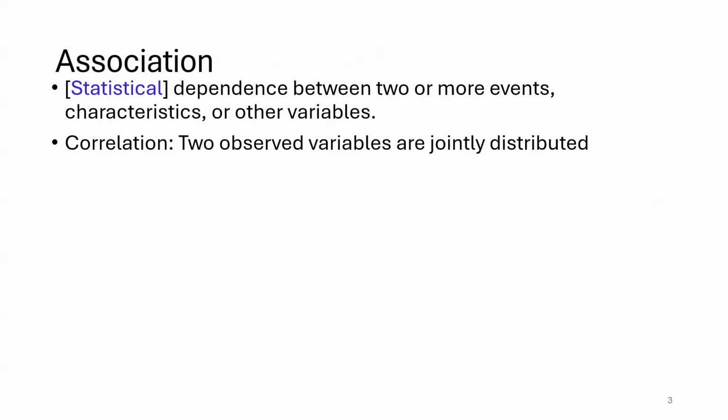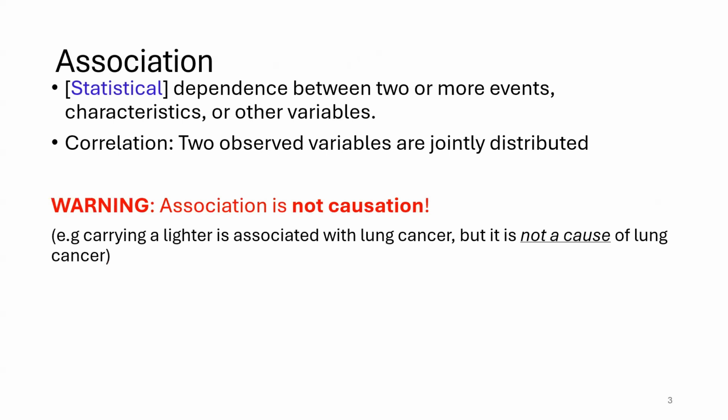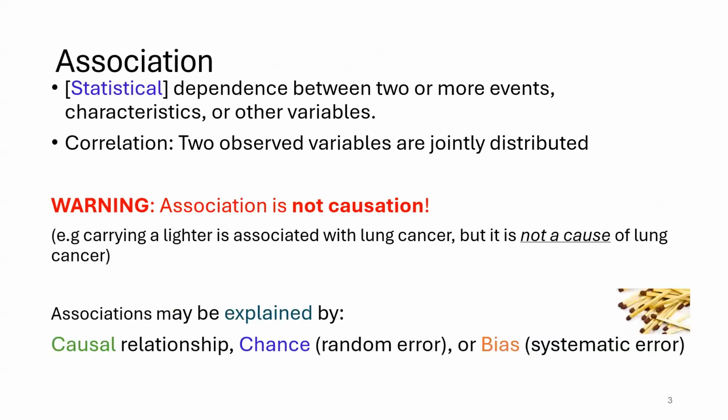That's a bit of a silly example. But when we think about associations, that's what we're trying to capture: the relationship between two different factors. An association is traditionally defined as a sort of statistical dependence between one or more events, characteristics, or other variables.